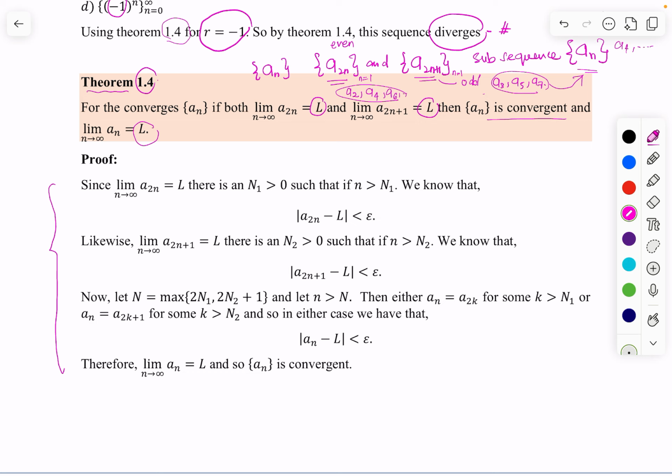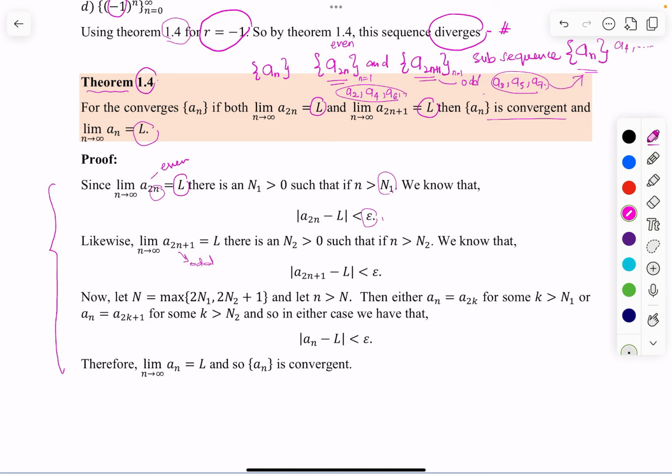So we just follow this proof. Since the limit of a_{2n}, this is for the even, equals a certain number L, there exists a natural number N1 such that for n greater than N1, the difference between the sequence and the limit is less than a certain value epsilon. The same thing for the other subsequence a_{2n+1}, this is for the odd.